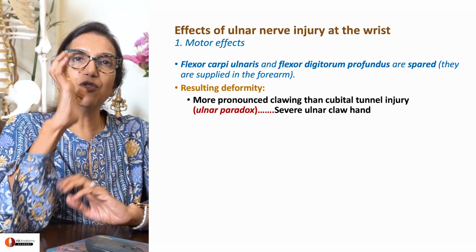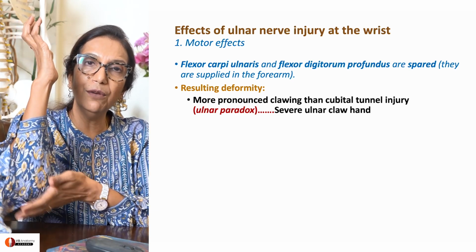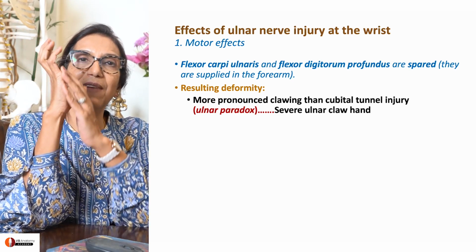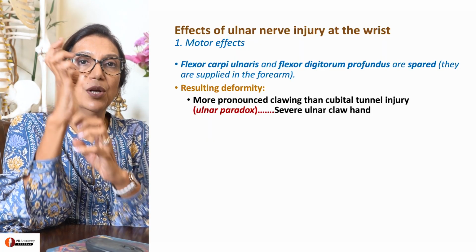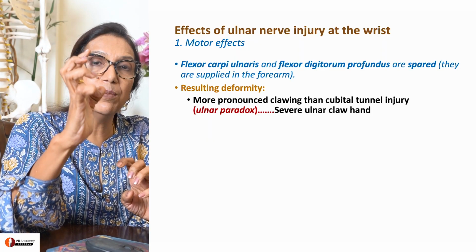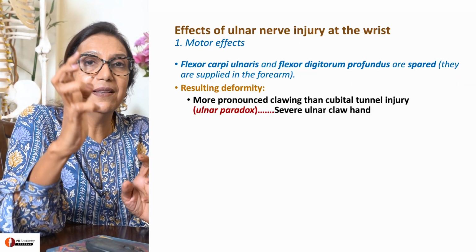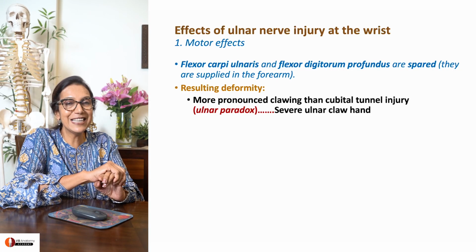Remember, hand was naturally going into claw when there was a damage to the ulnar nerve at cubital fossa. But because these two muscles are intact, flexor digitorum profundus decides to help in the flexion, causing the flexion to become more, causing a severe claw hand. This is called as an ulnar paradox. Amazing, isn't it?